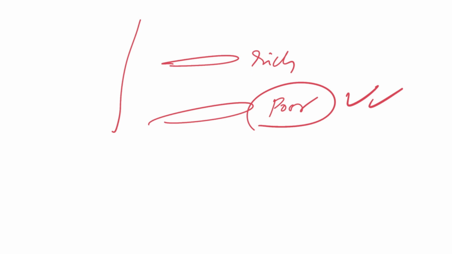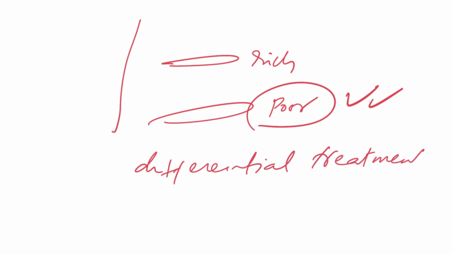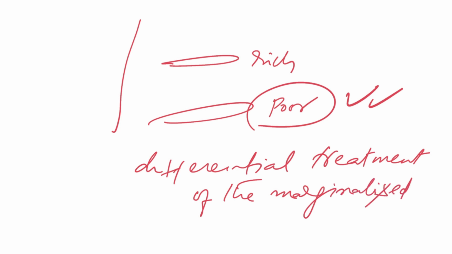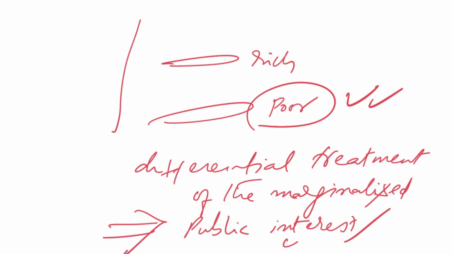So, differential treatment of the marginalized is what public interest is. This is what common good is.